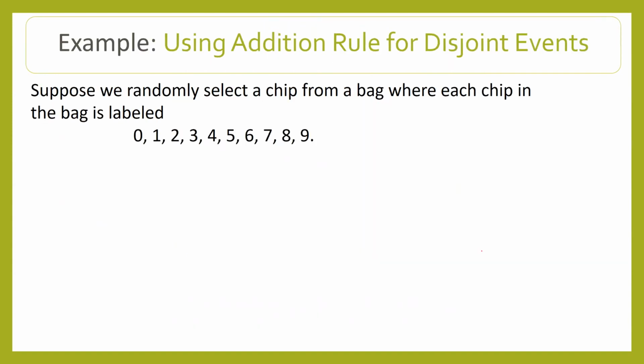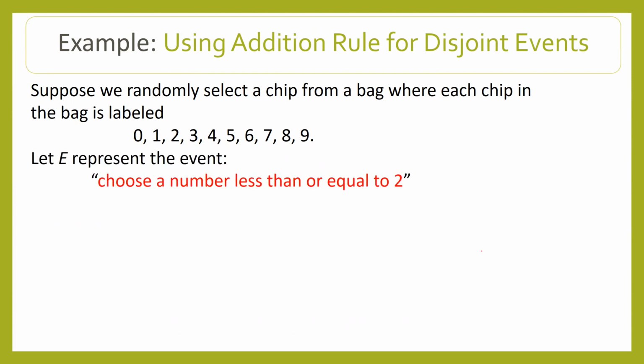All right, so let's quickly go through an example. Suppose we randomly select a chip from a bag where each chip in the bag is labeled 0, 1, 2, 3, 4, 5, 6, 7, 8, 9. And then we want E to represent the event: choose a number less than or equal to 2.